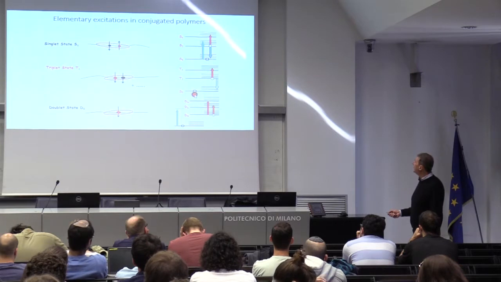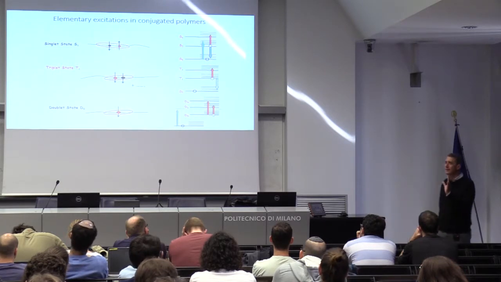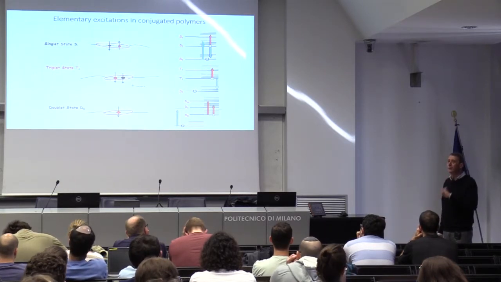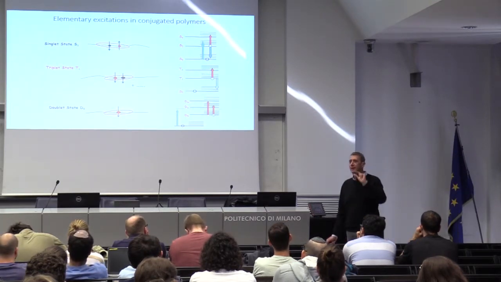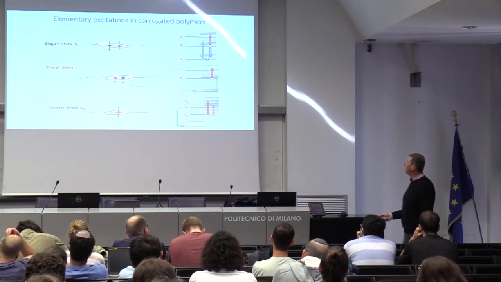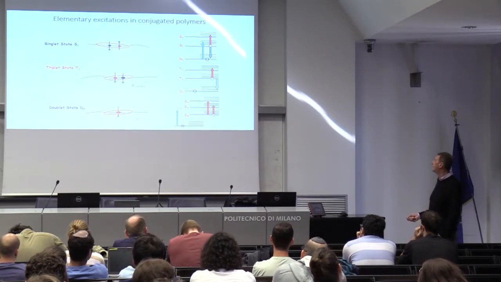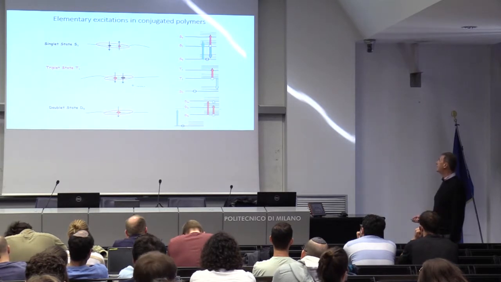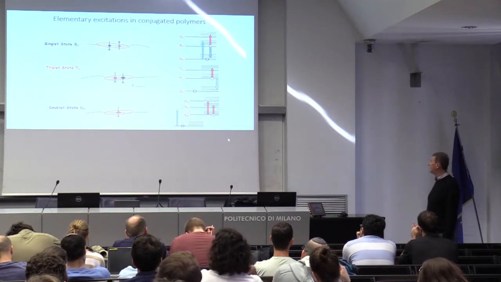But you still have bleaching, you still have triplet absorption, and you get eventually phosphorescence, but the cross-section of this is very, very small, and you know that the signal is the product of cross-section and population. So even though you have a very large population, if the cross-section is too small, you don't see anything. And finally, if you have a charge that you can form even optically, again, you will have photobleaching because you are depleting the ground state, and a new absorption coefficient. Typically, the charge has zero coupling to the ground state, so you don't see stimulated emission.